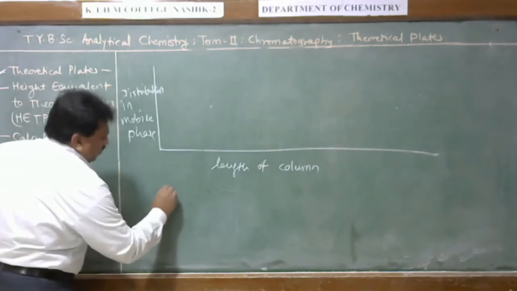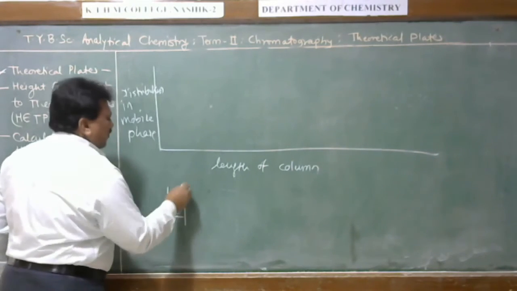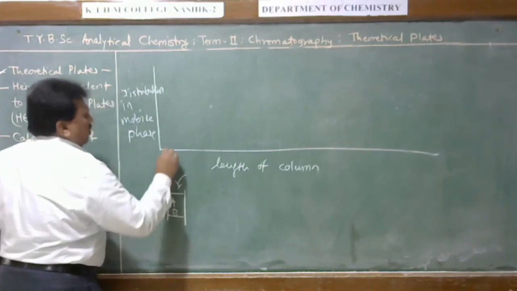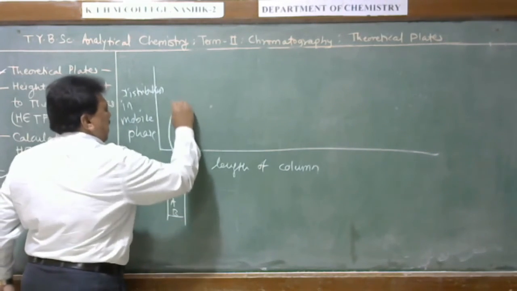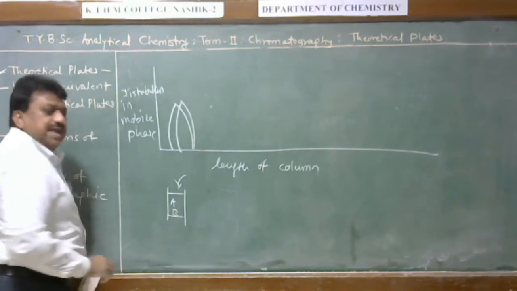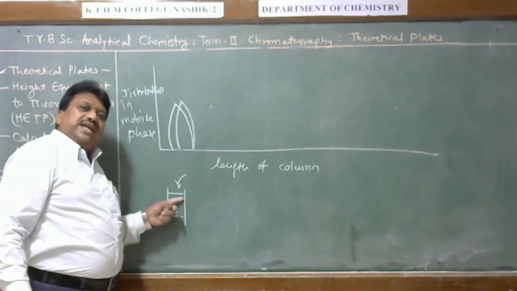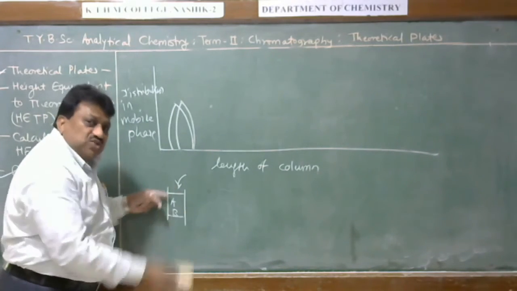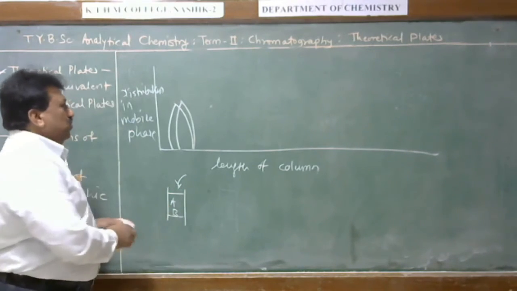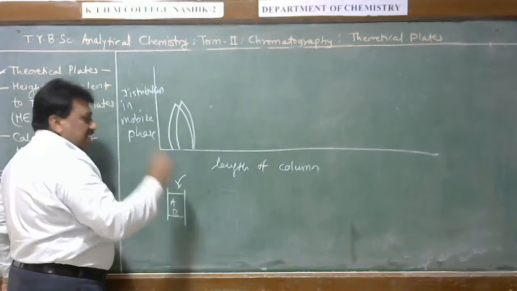Suppose we have this much length of the column, and if we place two components A and B, both are present at the same position in the column, because the column does not have the capacity to resolve and separate these two from one another. Therefore, both components are present over one another.